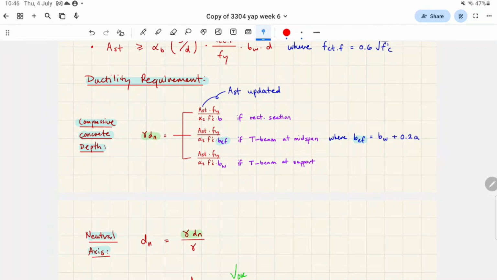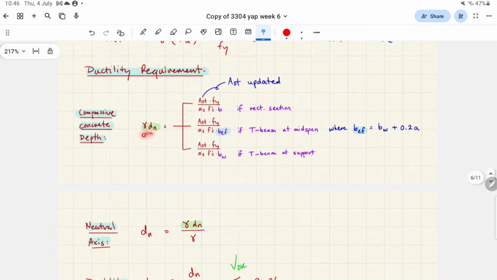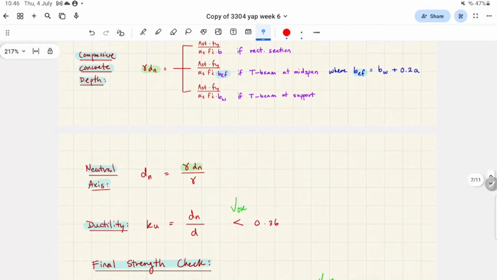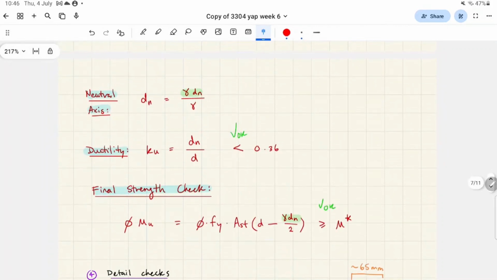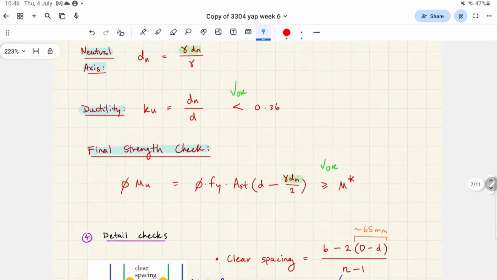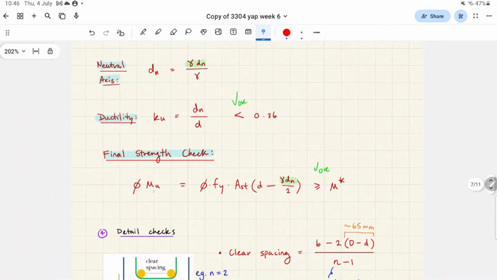AST has been updated to be whatever we've selected. So yeah, gamma dn changes slightly. You divide out gamma obviously to get dn, and then remember our ductility equation is this. Make sure it's less than some number. Our final strength check is to make sure that the capacity, which you can get using this formula, is greater than M star, right?